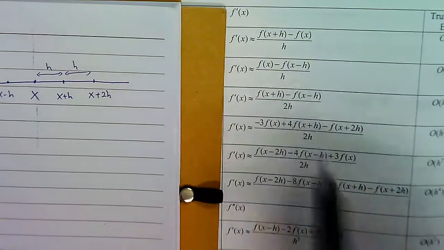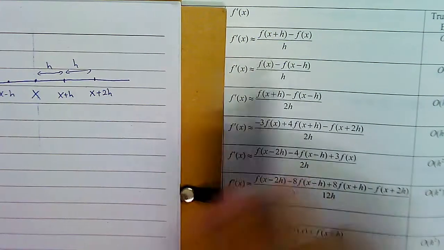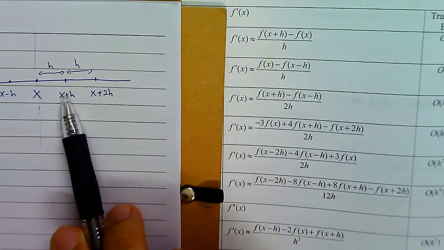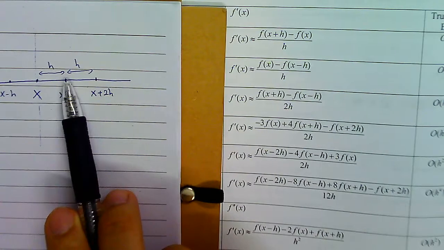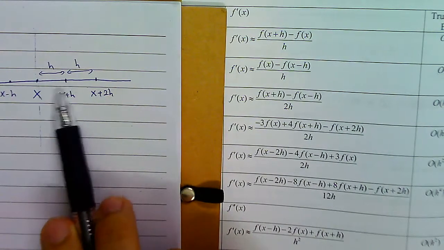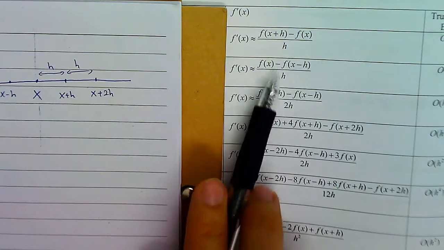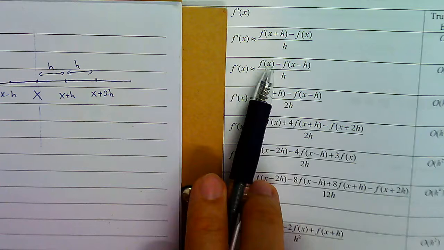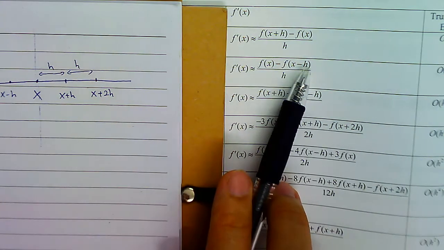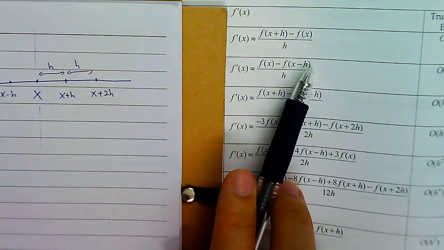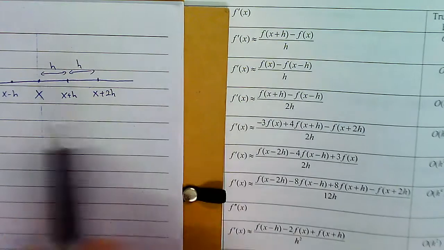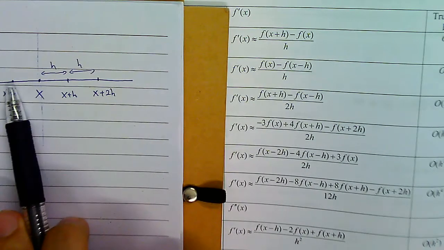So this equation involves the s and also s plus h. So it involves 2 points, and the direction is forward, so we name it 2 point forward. And this one is s and also s minus h. So s minus h is backward, so we name this formula the 2 point backward.